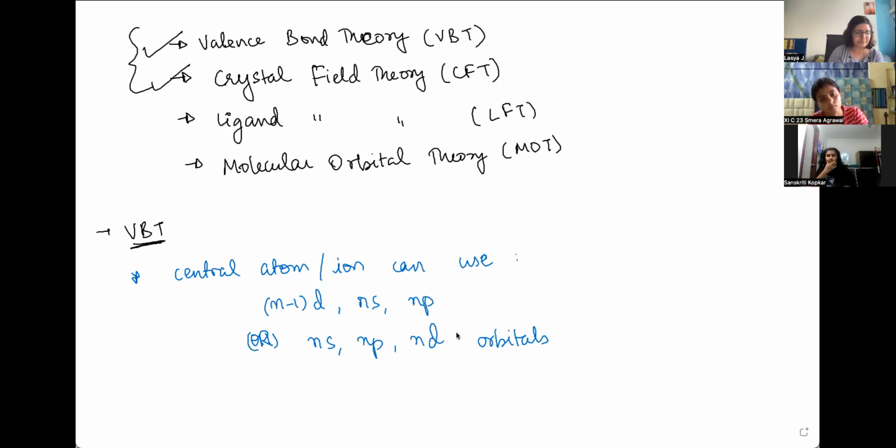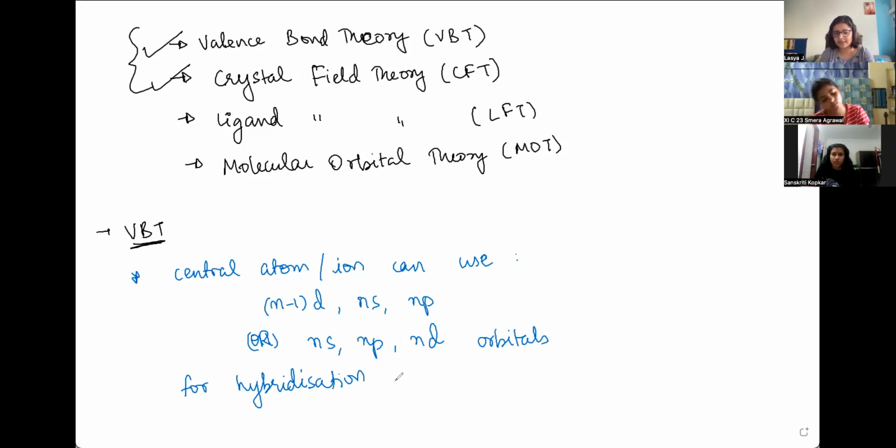It uses them for hybridization, and the rest of the concept follows the same concept as hybridization.